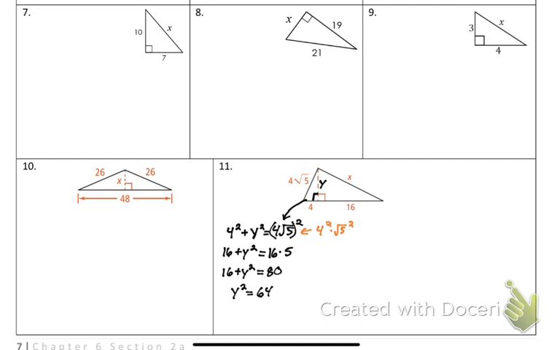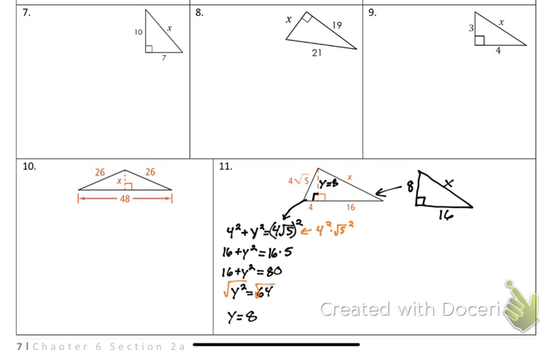So when I take the square root of both sides, I'm going to have y equals 8. So now what we really have is just a triangle that's 8, looks like 16, and I need to find that x. That's just 8 squared plus 16 squared equals x squared, and I think you can go from there, right? Okay, good. Yeah, 10.